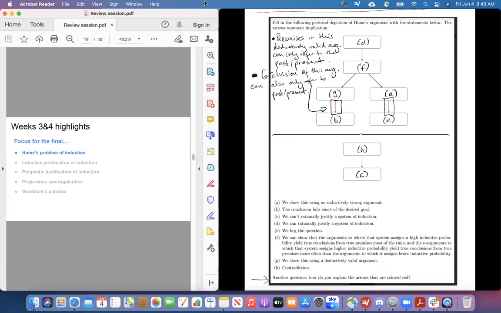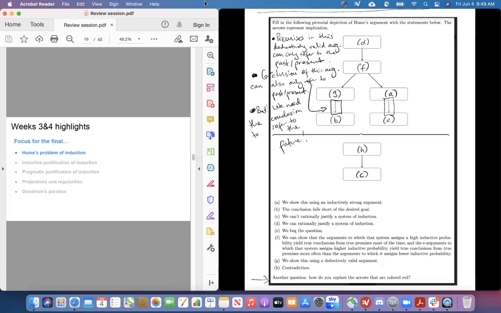And that is why the conclusion falls short of the desired goal. We need the conclusion to refer to the future, not just the past and the present.